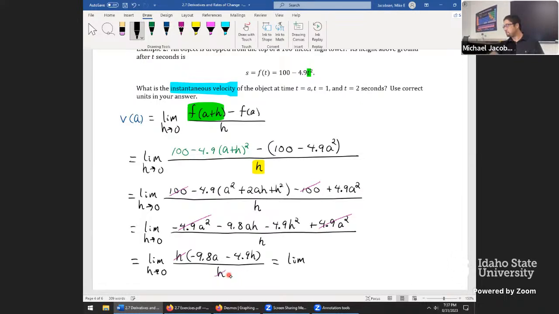So last step, we're taking the limit as h gets smaller and smaller and smaller of negative 9.8a minus 4.9h. But if h is going to 0 in this limit, so is that. Negative 4.9h is effectively just gone. And the whole thing settles at negative 9.8a. That's our instantaneous velocity right there. We might as well highlight it, make it look special.